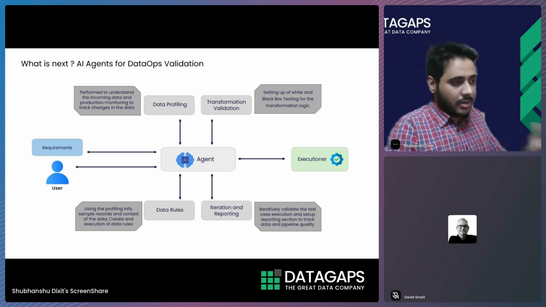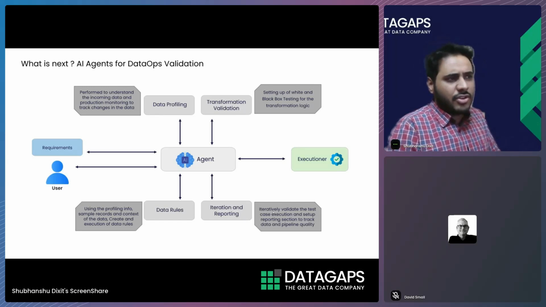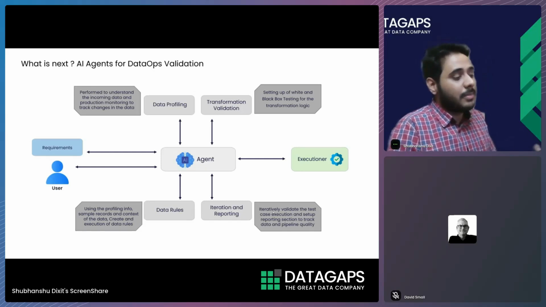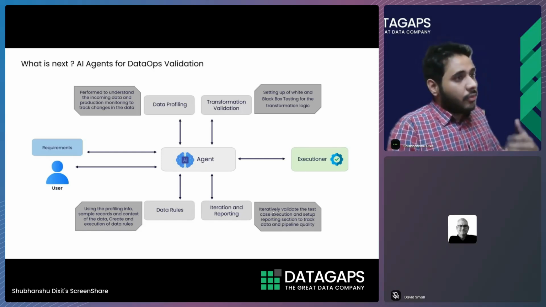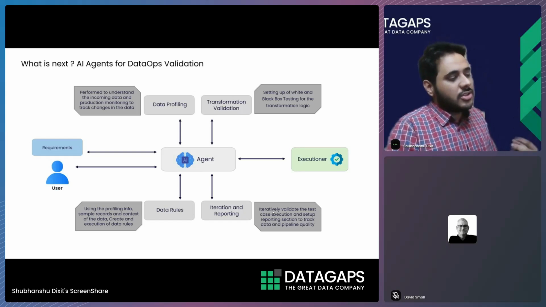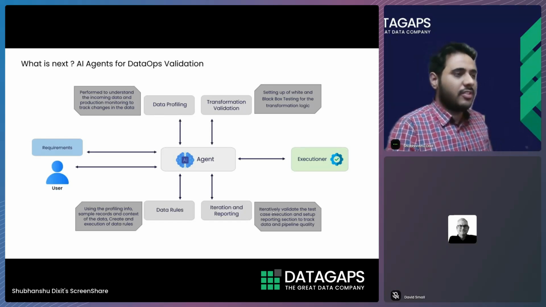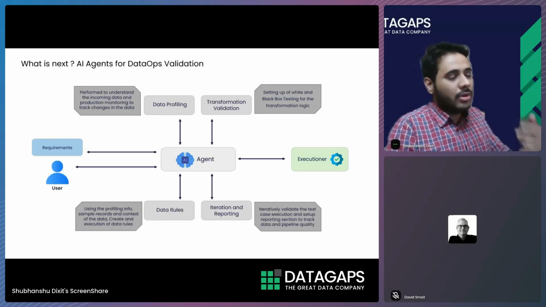For example, if the average volume that we were checking within our incoming data has increased because the size of the business has increased, we are keeping track of that. So we want to ensure that the AI agent has capabilities of capturing all this information, not just in terms of deployment of these test cases, but also capturing the results of these test cases to iteratively define what the next test case will be or what the updates will be.